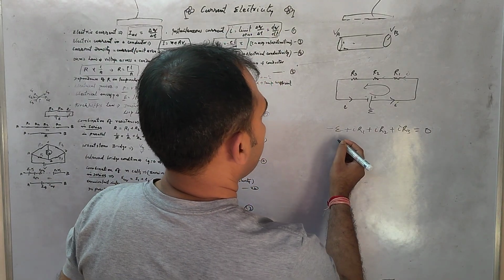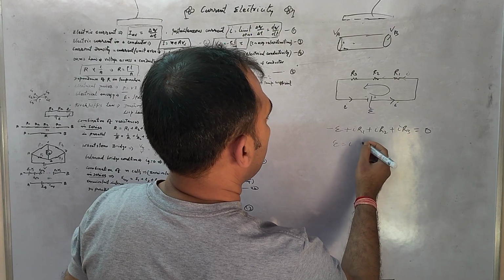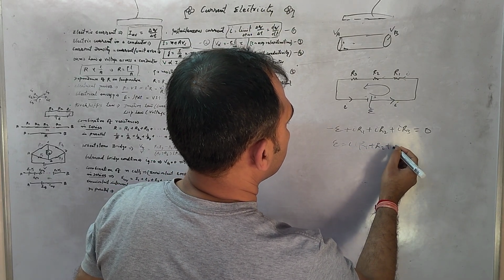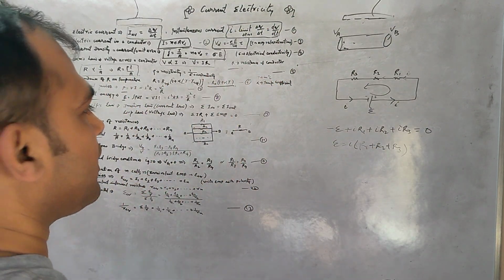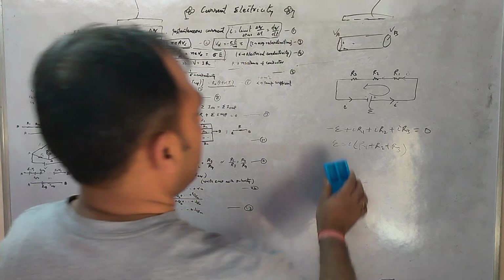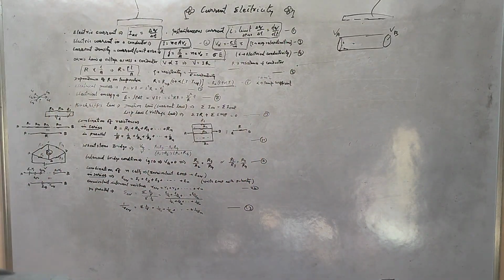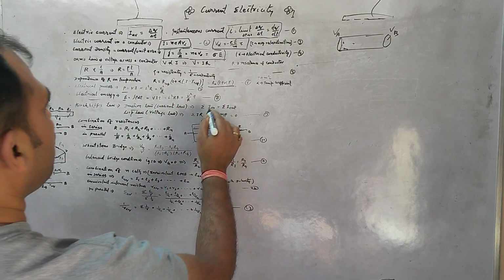So E will be equal to I times R1 plus R2 plus R3. I hope there is no issue. Very simple. You are familiar with all this. So this was our junction and loop law.